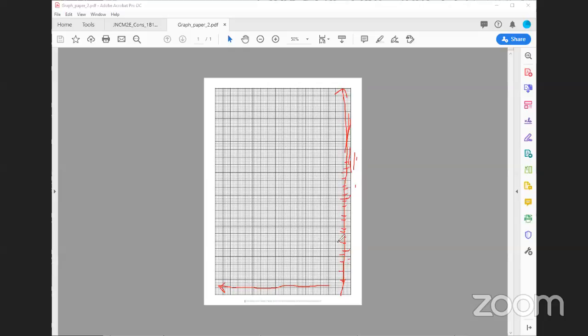Then you rotate your paper 90 degrees, and you can draw in this way, right? Therefore, you should know how to make good use of your graph paper.